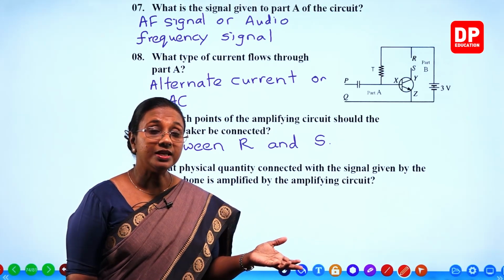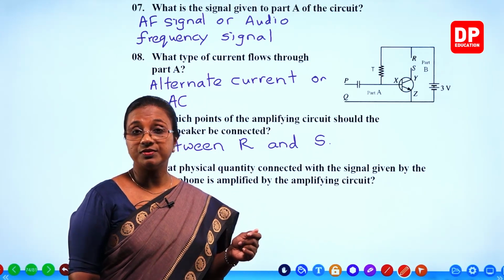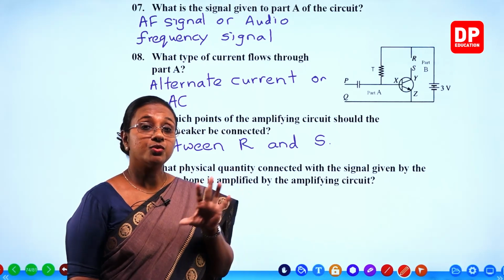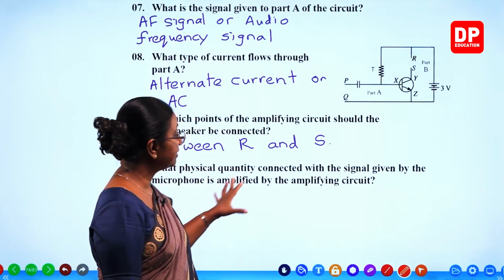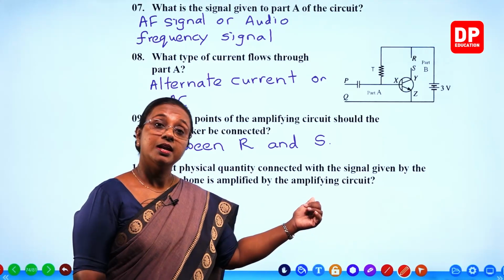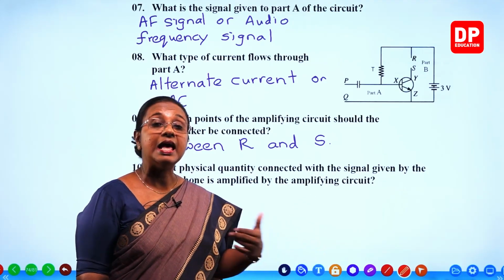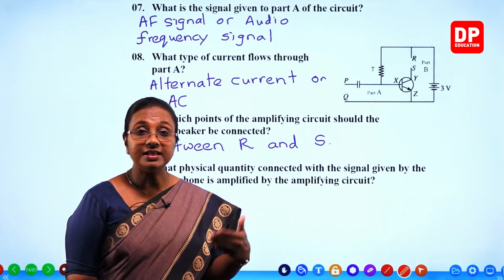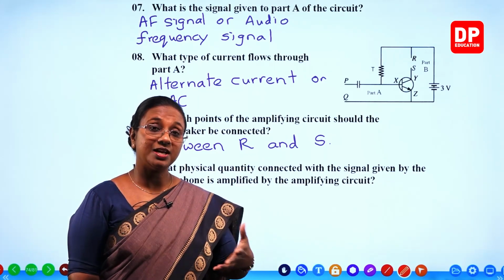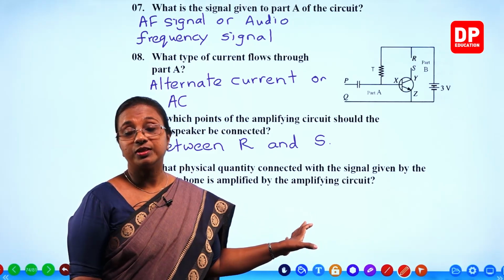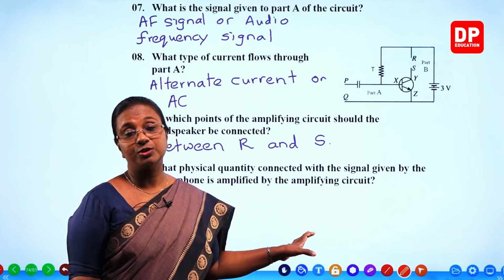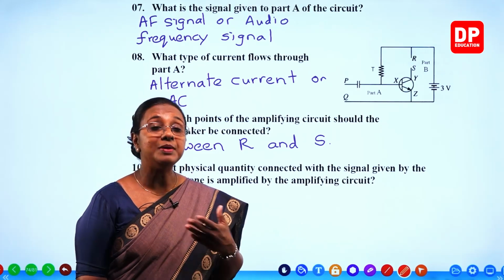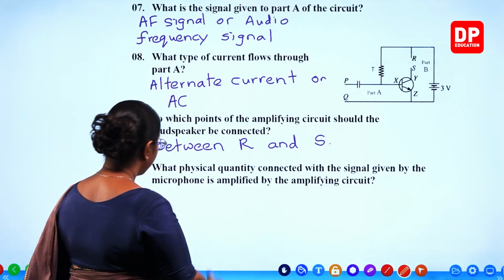When the amplitude increases, you all know the loudness of the sound increases. So loudness is the characteristic of sound. Here the signal amplitude will be amplified. That is why it is called amplification. Amplification is increasing. So the physical quantity that is going to be amplified is the amplitude of the sound wave.